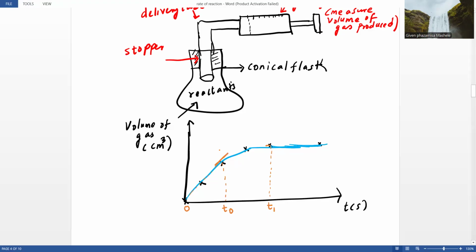Between 0 and T0, the graph is steeper in terms of gradient, but after T1, the graph is now gentle. These are exam questions, and you need to be able to know that. What could be the reason for this graph becoming gentle after T1?